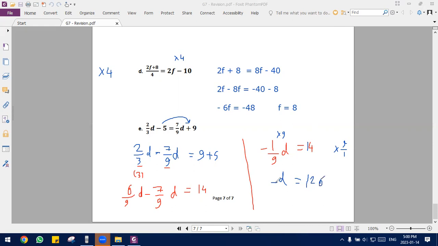Now here, look, we still have the negative value. So you can multiply by minus 1, for example. So you change all the signs, or you can just flip them. Take minus d to the right side, it will be d. And 126 will be minus 126. And this is the value of d. So d is minus 126.